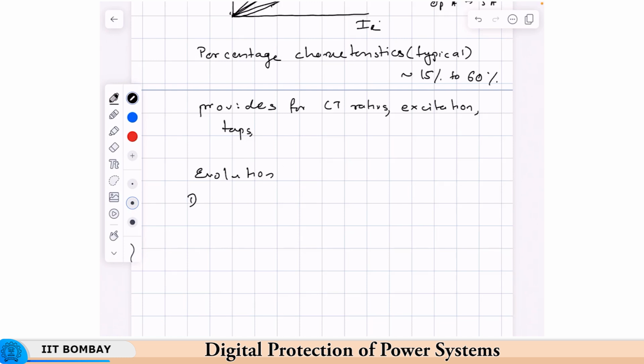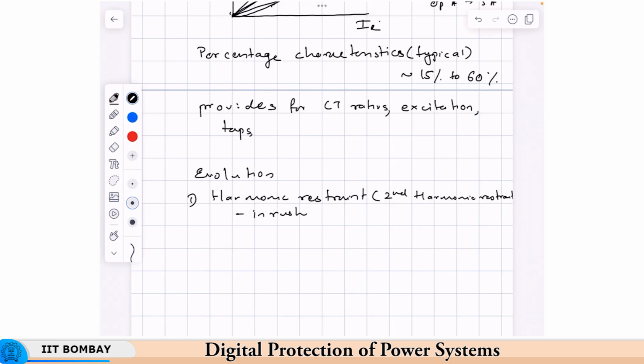The first was, of course, harmonic restraint, because we will look at this in detail because this is important. So, this is the second harmonic restraint. Now, this is for inrush currents.